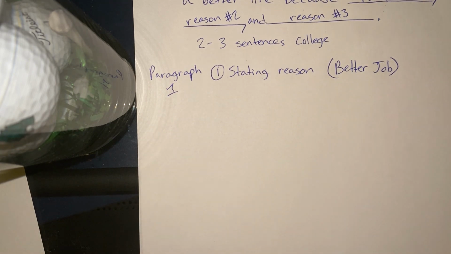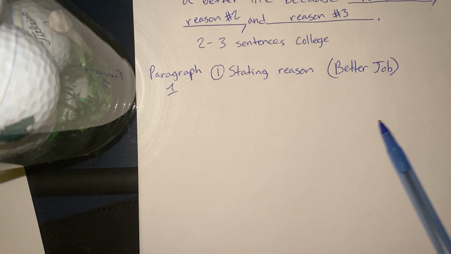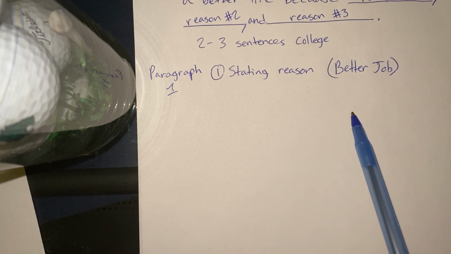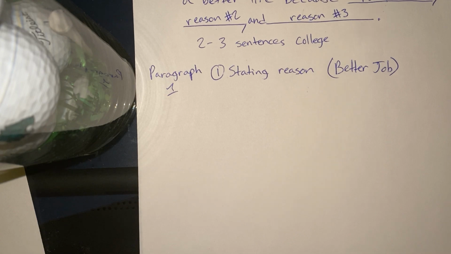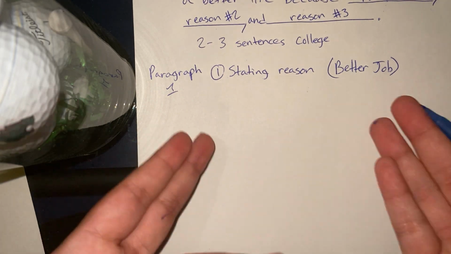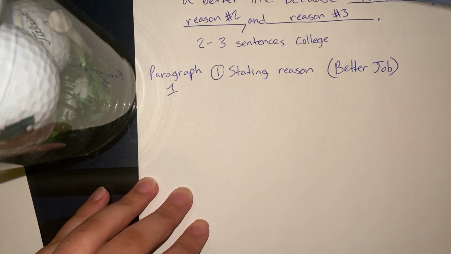You could say something like, a better job could help people have a better lifestyle, period. Getting a college degree can help you find a better job because you're more qualified. That's a perfect way to start your paragraph. And that way, the reader knows that you're talking about reason 1.